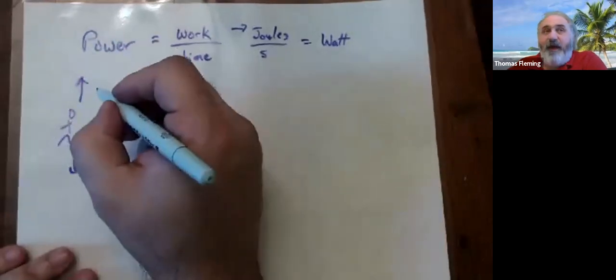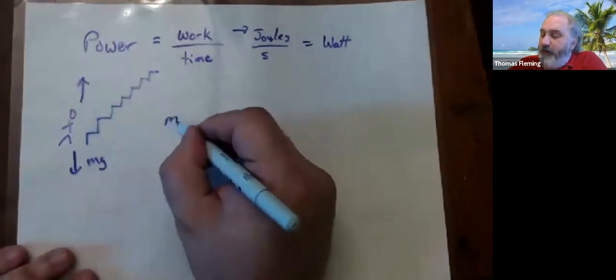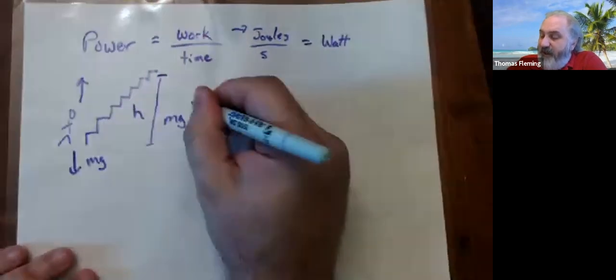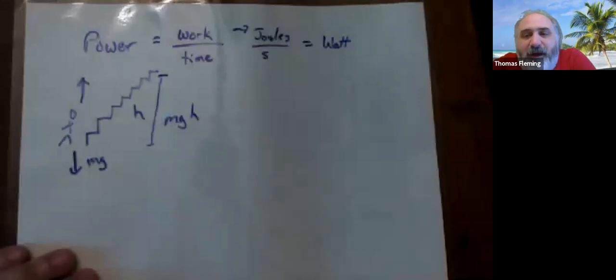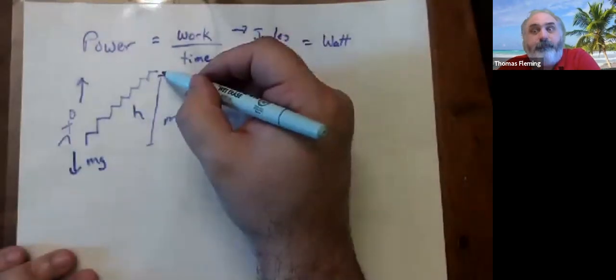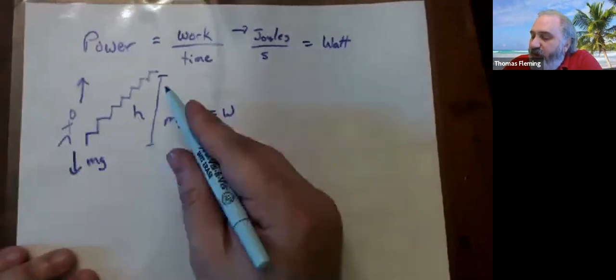So the bottom line is you have to go upward with a force equal to mg. And of course, you're going to rise to a height h. Oh, duh. If I want to walk up a flight of stairs, the amount of work that I'm going to have to do is going to equal how much potential energy I'm going to have at the top. So the work that I'd have to do to go up those stairs is mgh.